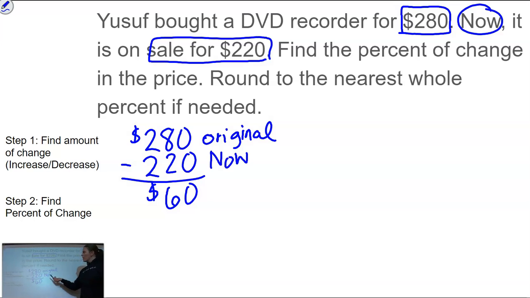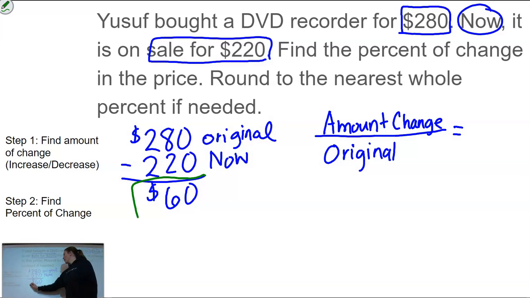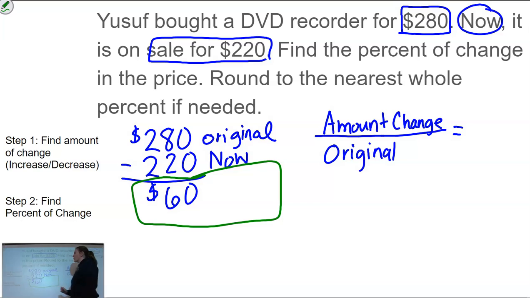Okay? So I need the amount that's changed over the original price. So what's the amount that changed? 60. Did this increase or decrease? It decreased by 60.